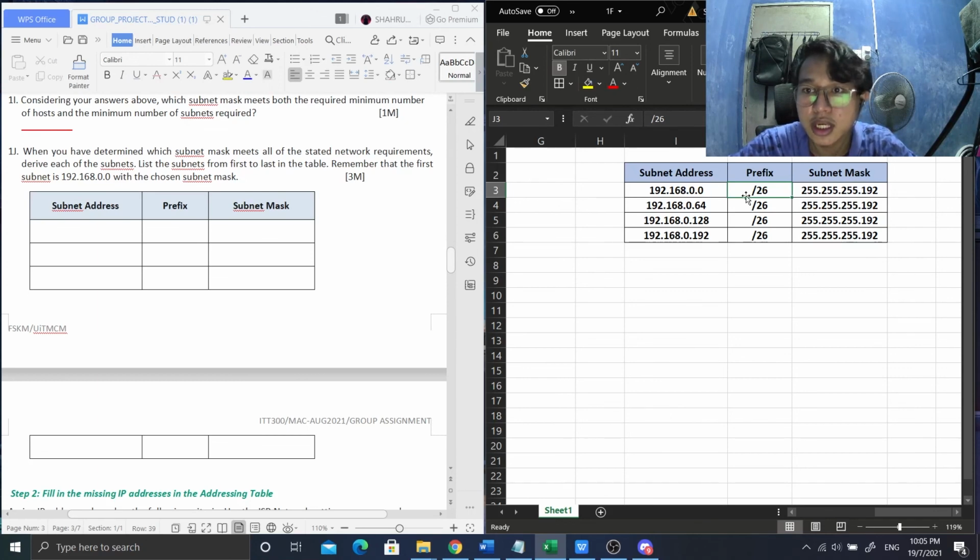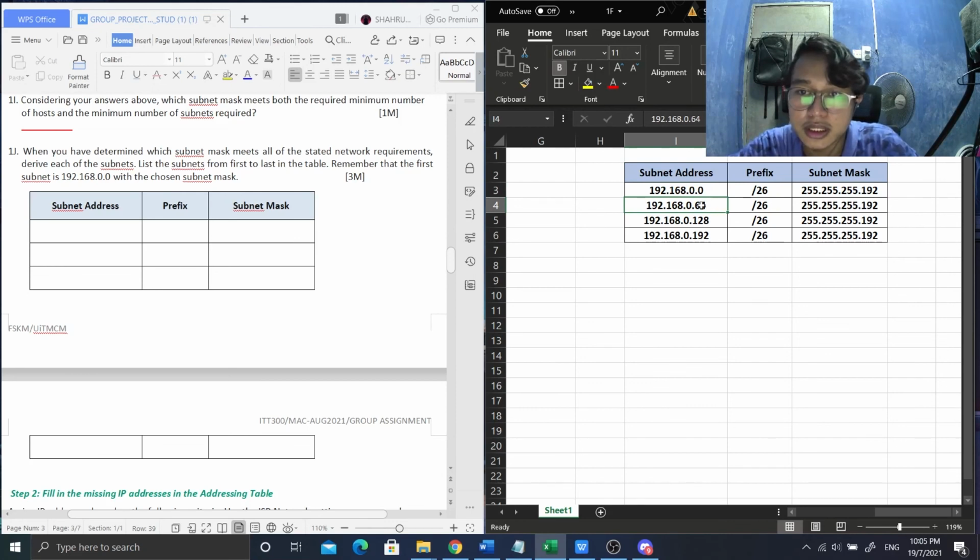That is slash 26, and we enter it as the subnet mask. So the prefix and subnet mask don't change, so we just enter them and only change the subnet address.